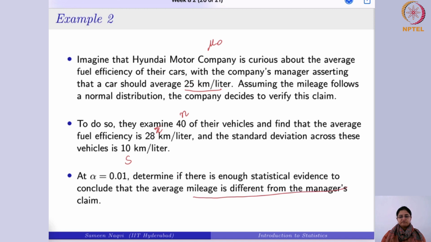So how do you identify which test you have to apply here? It depends on whether sigma is known or unknown, the Z test or the T test. In this case, your sigma is unknown, and for that you have the sample standard deviation given to you, that is 10 km per liter. So you could take it that the condition is satisfied.